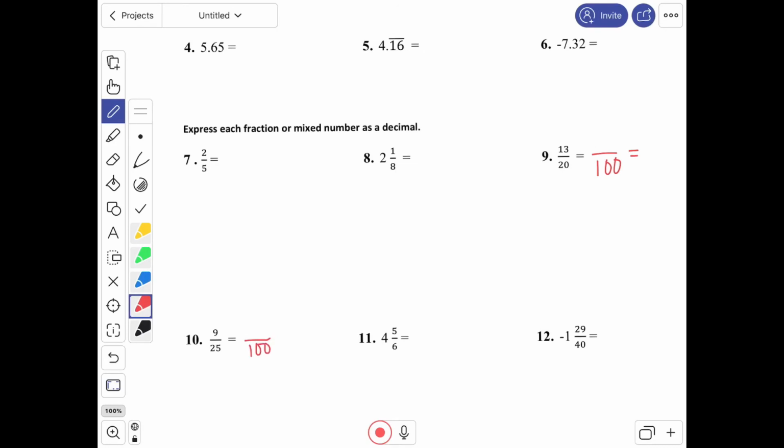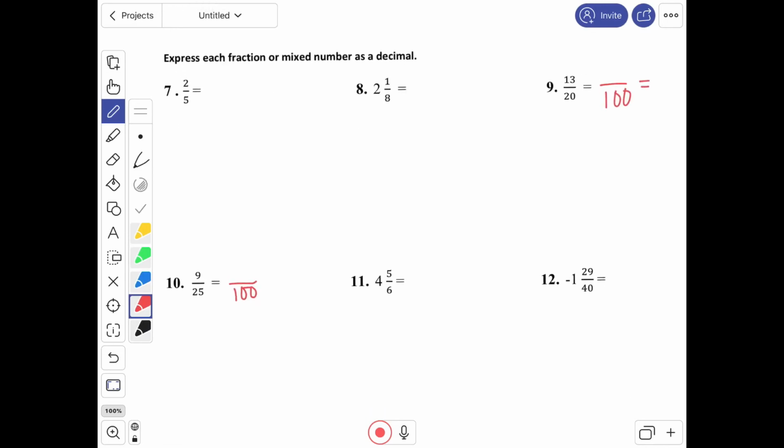So let's look at 11. Remember, if you can't change it to something with a 10 or 100 on the bottom, then you have to divide it out. 4 is the whole number, but to figure out the decimal part, I'm going to have to divide.